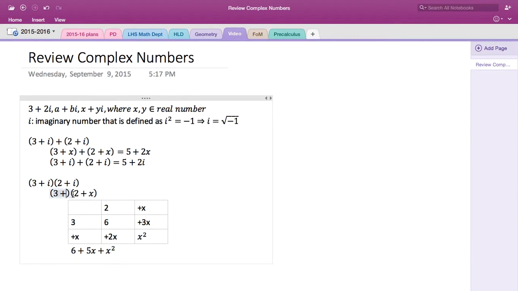But instead of x, we have i, so we replace all the x with i's. That x squared will be i squared, but by definition i squared equals -1. So we have 6 plus 5i plus i squared, which is -1. Therefore, the answer is 5 plus 5i.